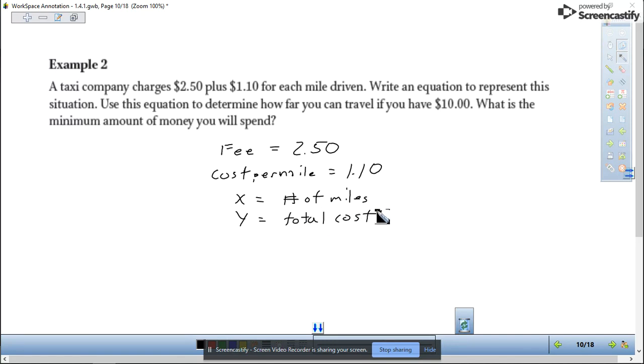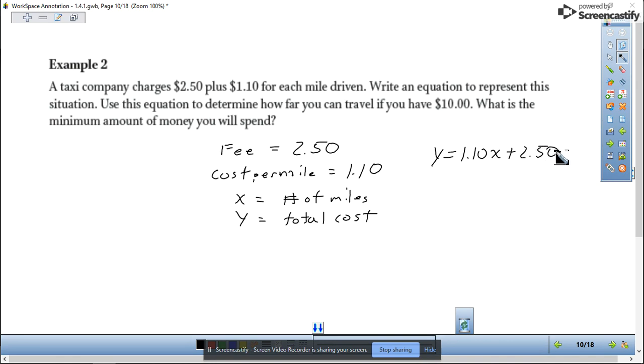All right, so how are we going to set that up? Well, the cost per mile is multiplied by the number of miles, so that's 1.10 times x. The fee is added to that, and the total is y. So y equals $1.10 times x plus $2.50.